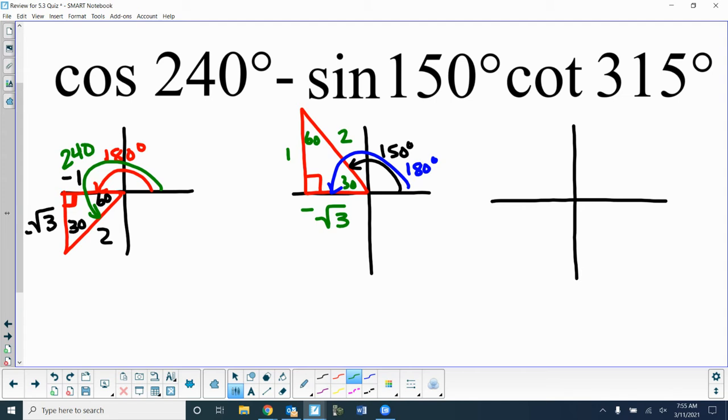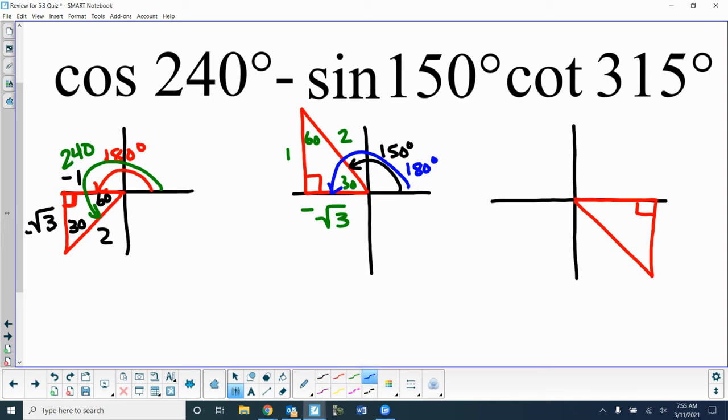315. Here's 90, 180, 270, and all the way around is 360. That's between 270 and 360, so my triangle is in the fourth quadrant. My hypotenuse comes out, go back to the x, and back over to the origin.